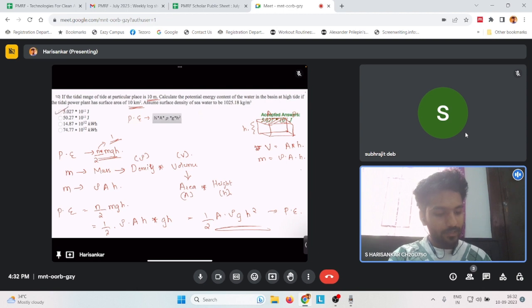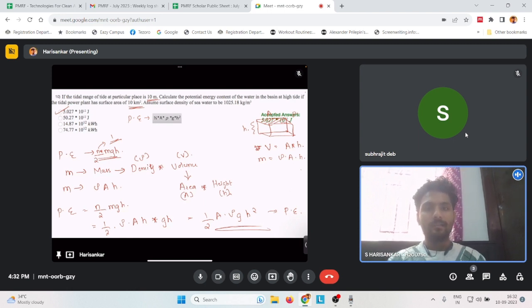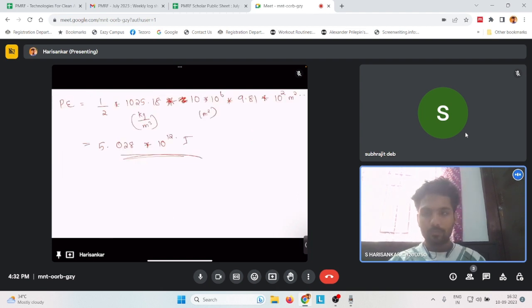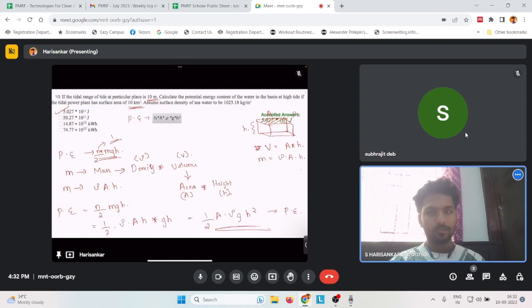If you look at the options, option A is giving us a very close value to what we got, 5.027 into 10 raised to 12 joules. So that is our potential energy content of the water that is inside the basin at high tide.